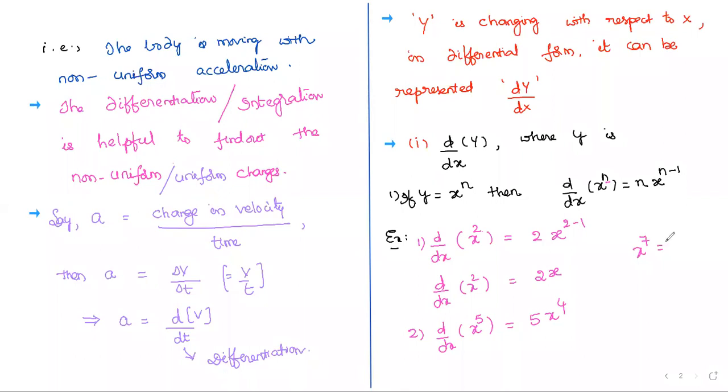So here 7x power 6. Simple. The same number, reduced by 1. That's it. x power 12: 12 x power 11. x power 21: 21 x power 20. Now I think you understood how to apply this formula.